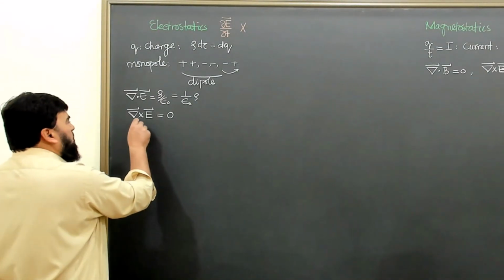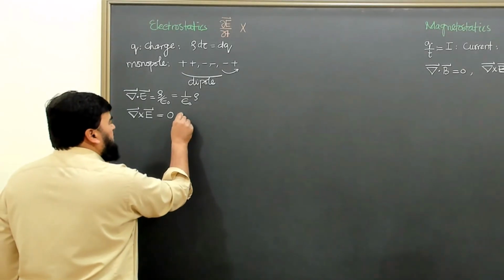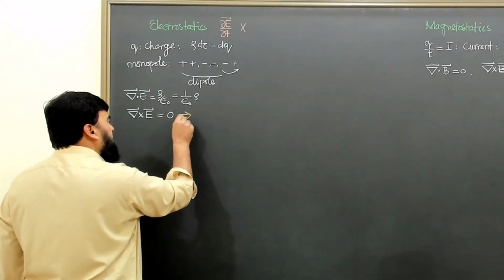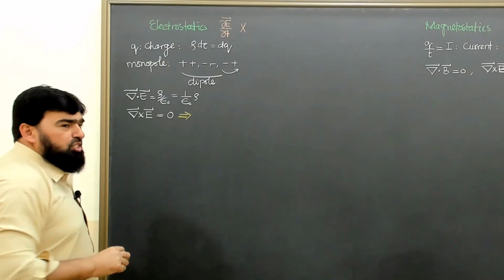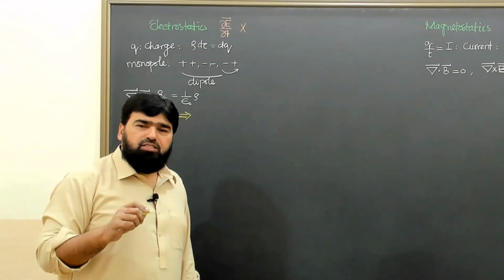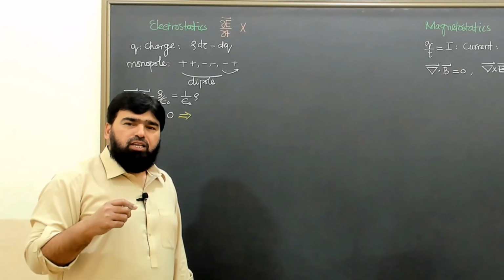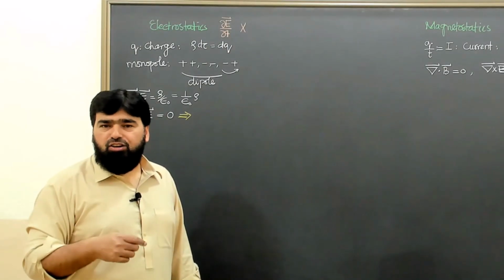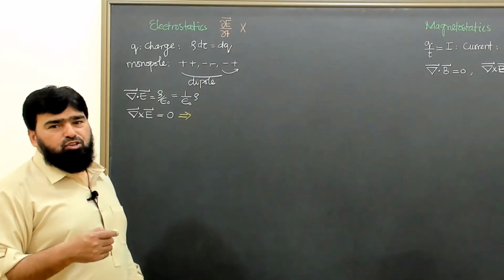The curl of E being 0 just gives us the indication that this electric field is the result of something which is going in a straight line, like a gradient, because it is not curling.